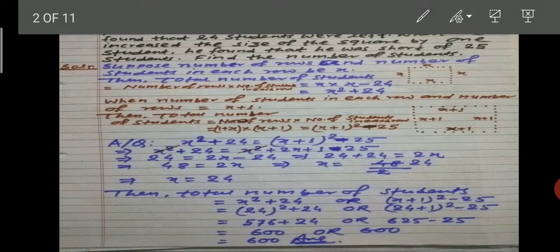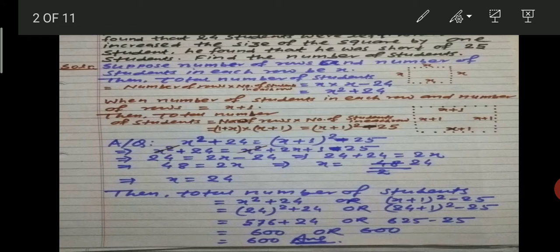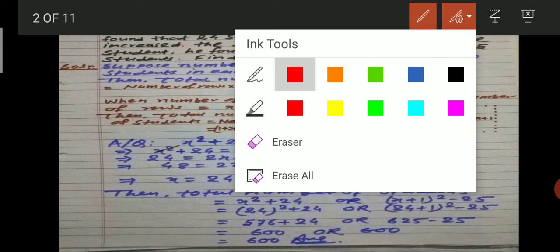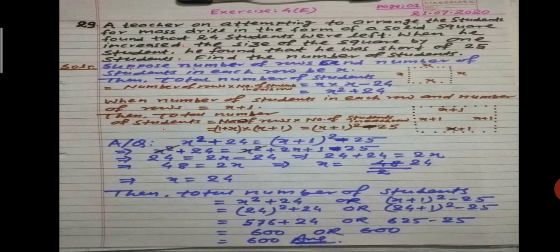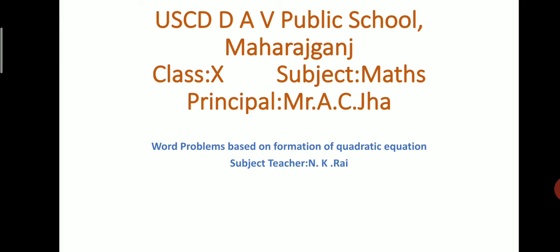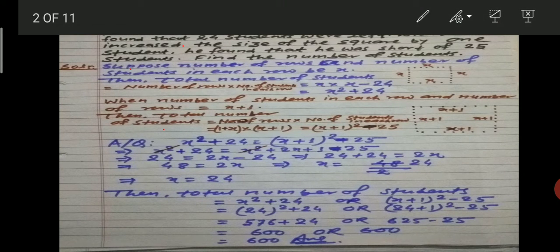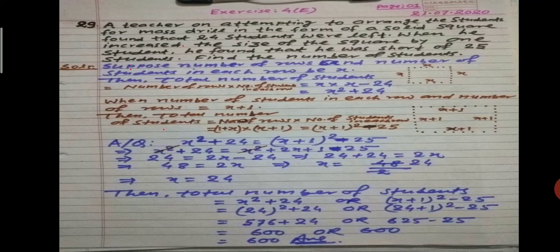The question is: a teacher is attempting to arrange the students for mass drill in the form of a solid square, and found that 24 students were left.